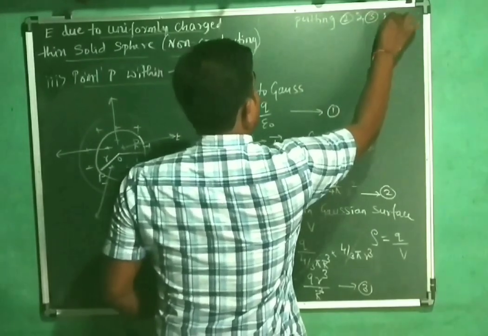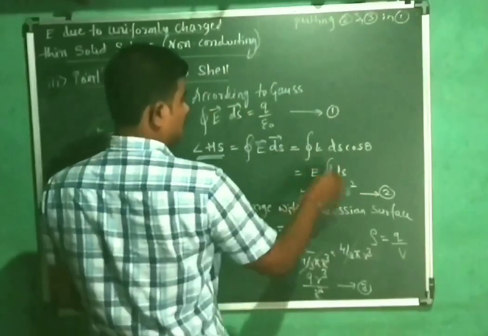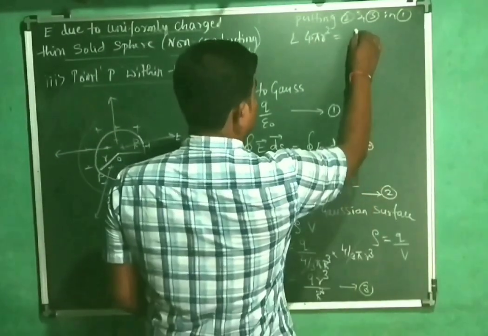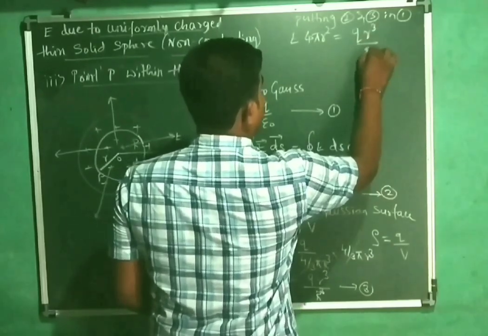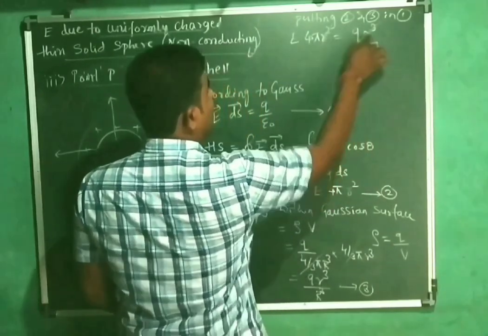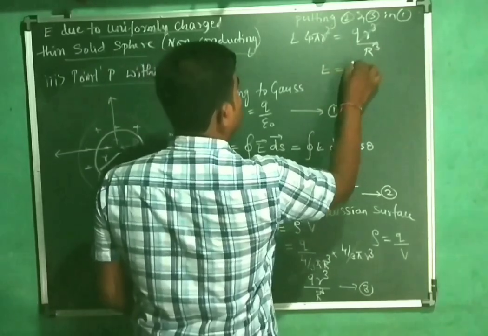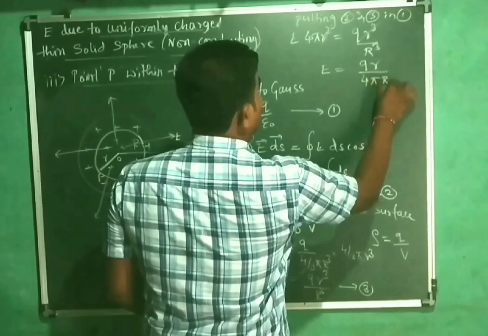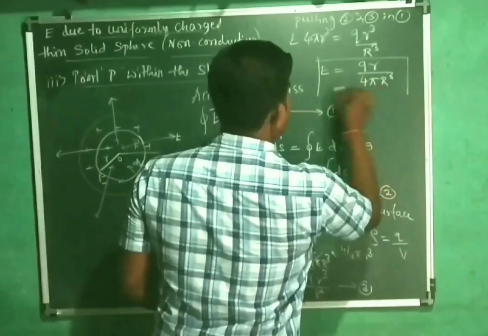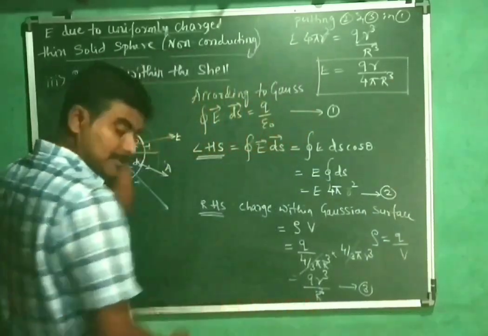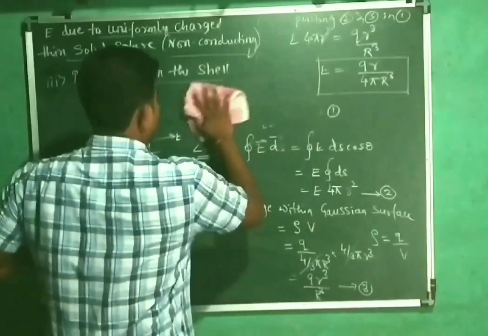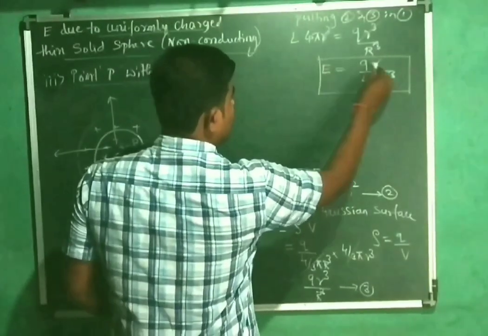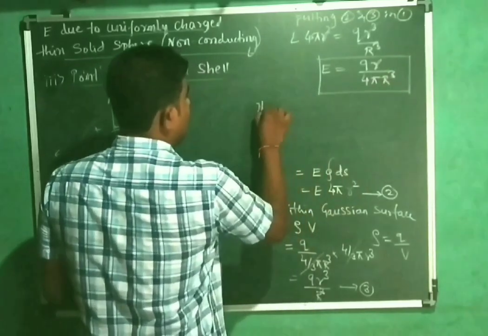Putting 2 and 3 in 1. So LHS is E into 4 pi r square is equal to RHS, Q r cube divided by R cube. So r cube by r square, 1 r is remaining here, therefore E is equal to Q r divided by 4 pi R cube. This is the electric field intensity. You can observe here, this electric field intensity is directly proportional to r.